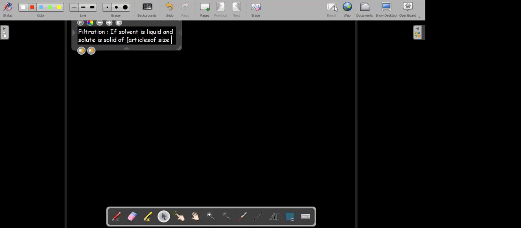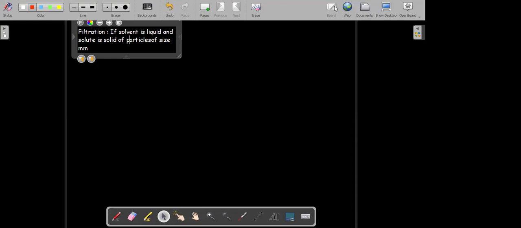So if the particles are of size few mm, then we can use the process of filtration. We can also use the process of sieving, which is similar. When we separate two solids of different sizes, we use the process called sieving. For example, as you know, we sieve the wheat flour to separate the wheat and the rusk from it.